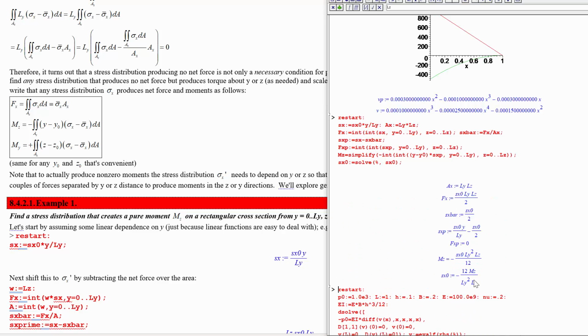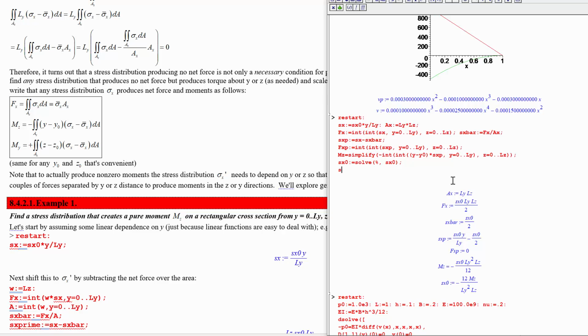So that is the stress that we're going to apply for whatever moment we're looking for, this being the stress function. Once we've done that, we have our actual stress function in terms of whatever moment we're looking for. So we just need to apply this for whatever moment we're looking for, and we've got it.